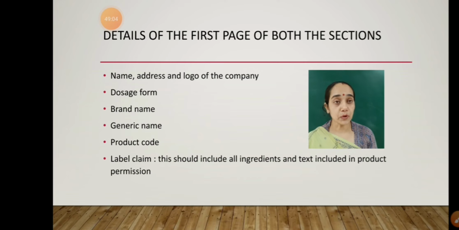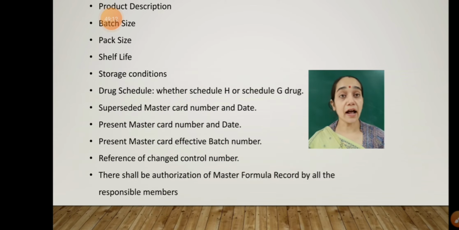Whether it is the packaging part or the manufacturing part, it will contain all these kinds of information. It will also contain the product description, batch size, pack size, shelf life, storage condition and drug schedule, whether it is a prescription drug or a non-prescription drug, that is, whether it is a schedule H drug or a schedule G drug.